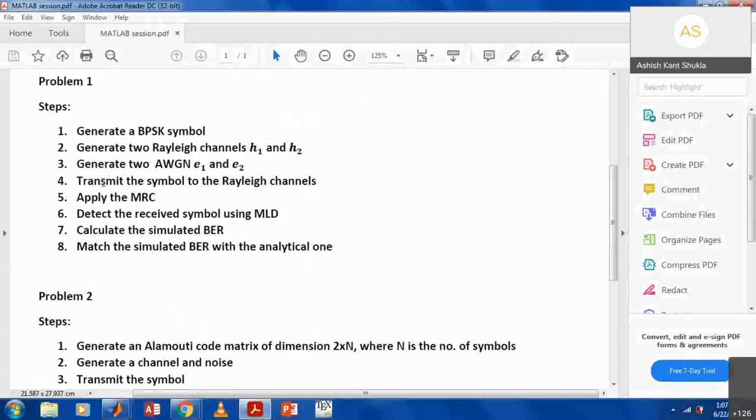Then I will transmit the symbol through these channels, and after transmission I will apply the MRC. Then I will detect the received symbol using a maximum likelihood detector, and after that I will calculate the simulated BER.